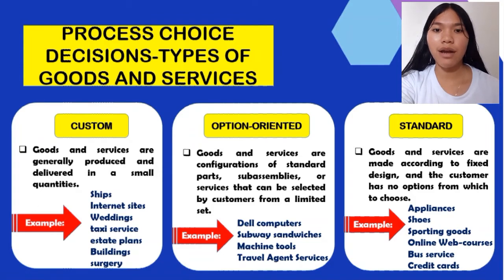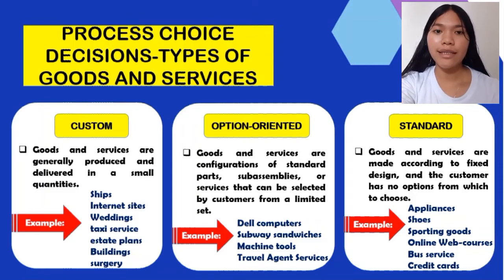So I really have an option. I can change my computer's parts, because that is the process of the company, where I can choose my options, whether I change my keyboard to the lighted one, or my mouse with different and unique features. So that is the option-oriented, or assemble to order.